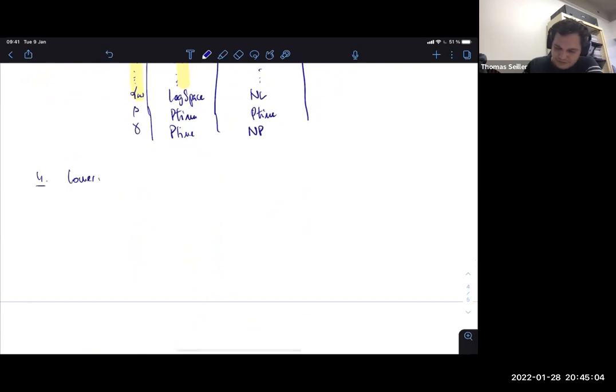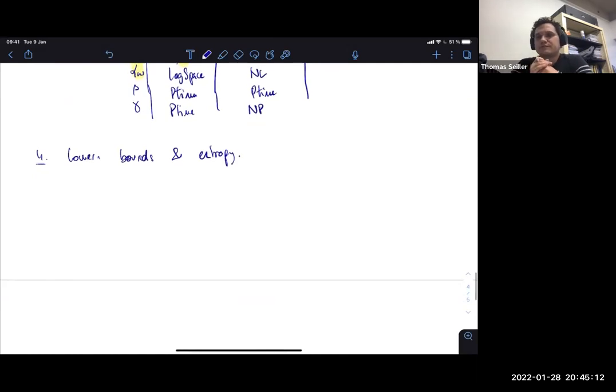So lower bounds and entropy. I tried to go through this paper of Mulmuley, right? The lower bounds for PRAMs without bit operations. And at some point during this, as mathematicians, we usually try to take something and write it into the language we understand best, right?